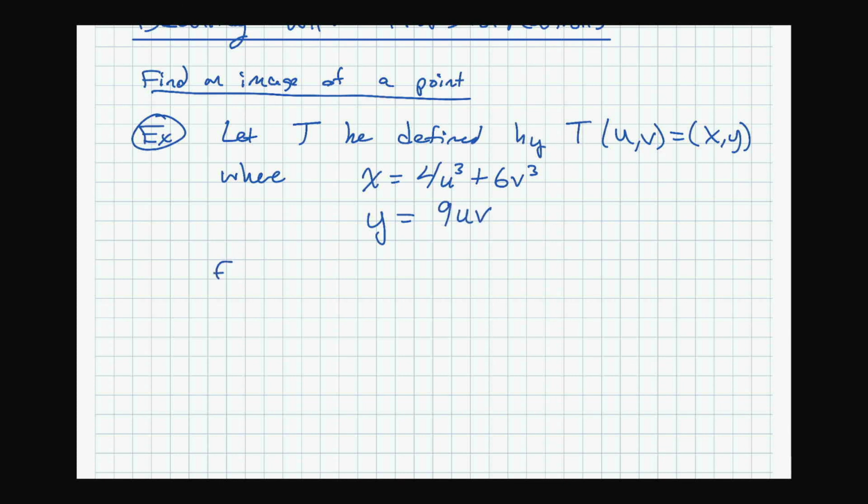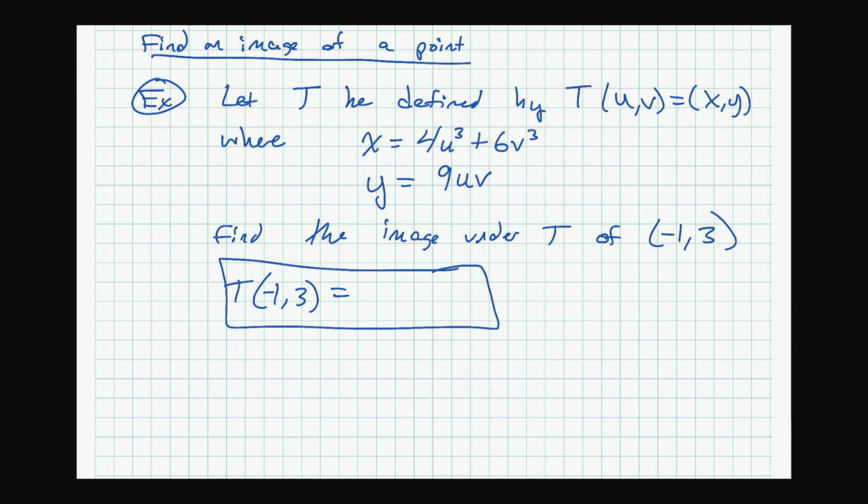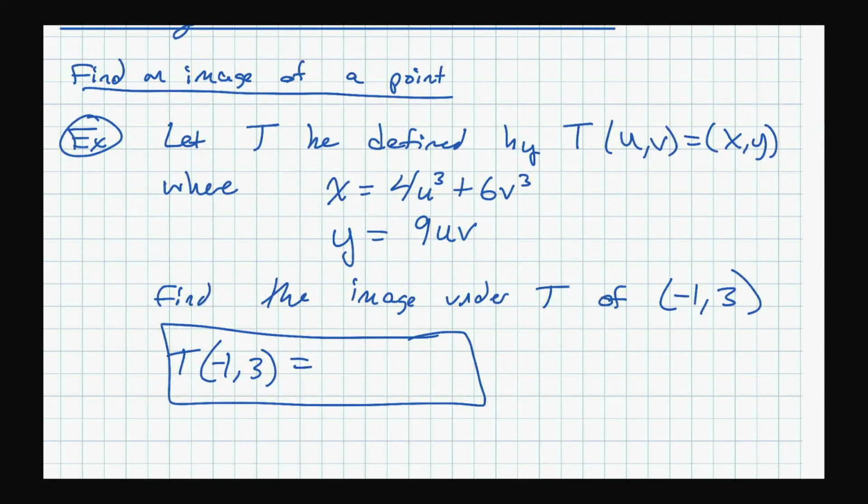And then they say, find the image under T of (-1, 3). They give you a box like this: T of (-1, 3) equals, and then we'll figure it out. Now I do want to point something out that you probably don't notice yet, but when you do notice, initially it's going to make your brain do a thing.